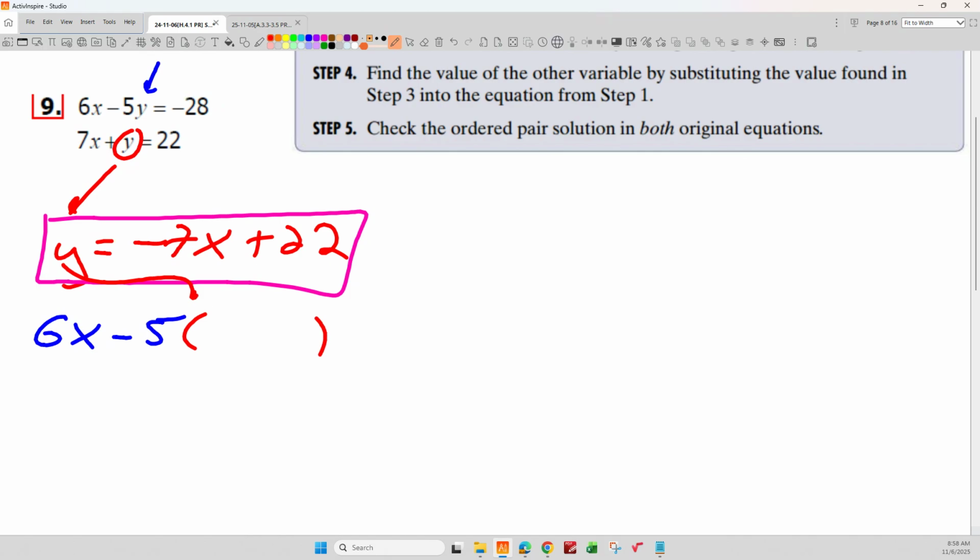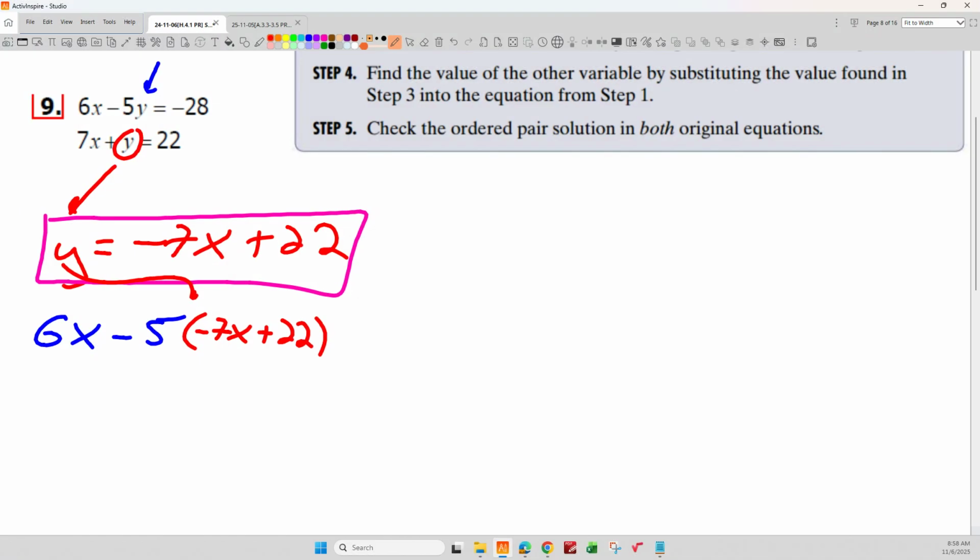I've noticed that sometimes people forget to put parentheses around stuff that's being substituted like this. In their mind they're doing it, but when I look at work on tests, they forget. Everybody sees why I absolutely have to have them, right? If I didn't have the parentheses, that would be a very confusing statement.